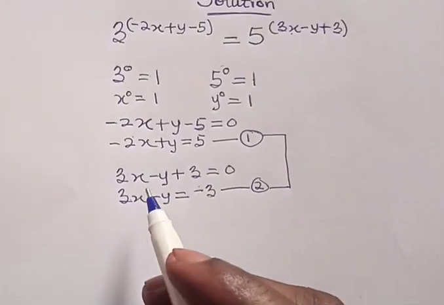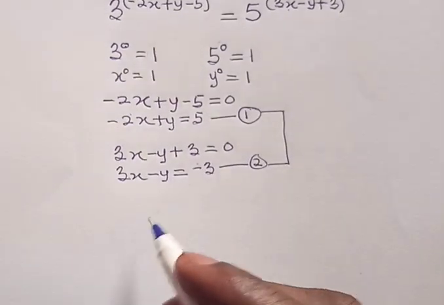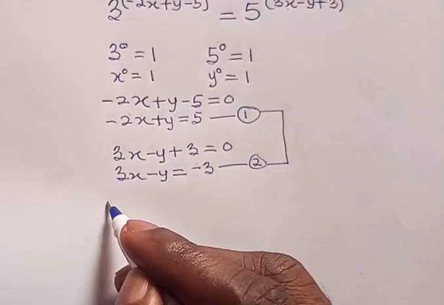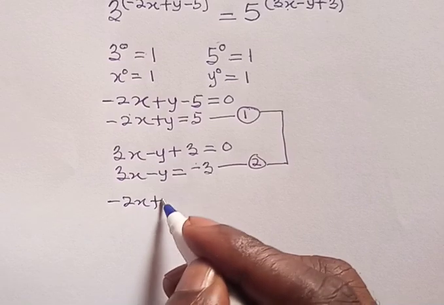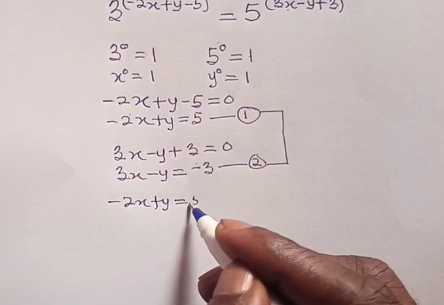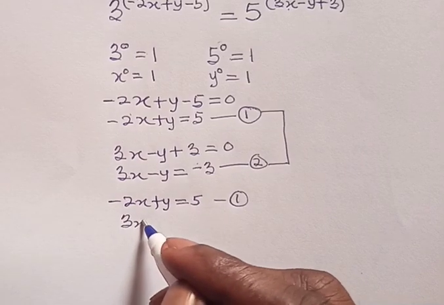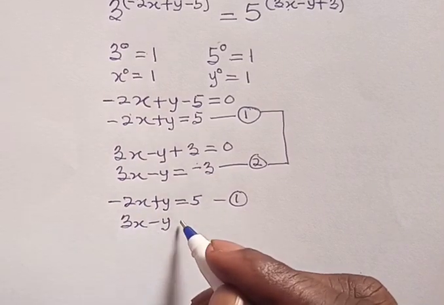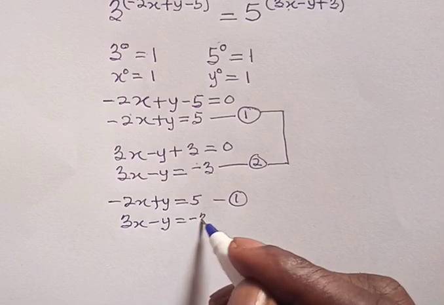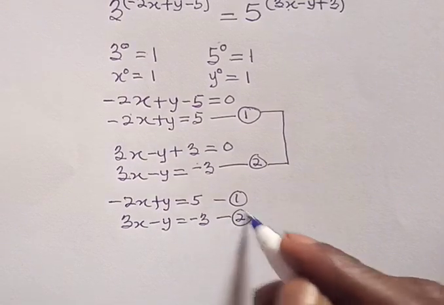So let me rewrite the equations. We have negative 2x plus y is equal to 5, equation 1. And then we have 3x minus y is equal to negative 3, equation 2.